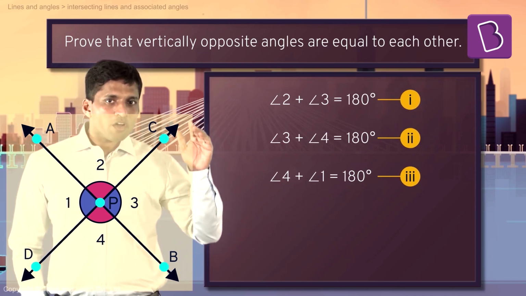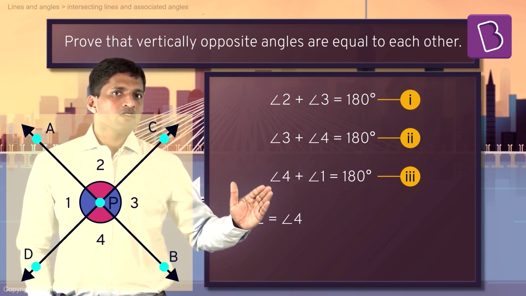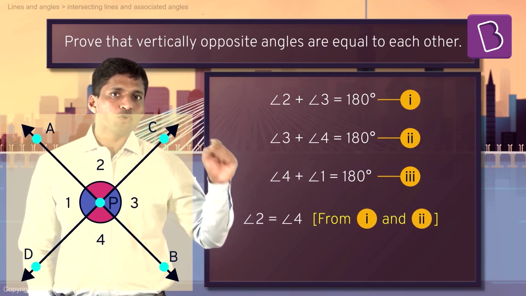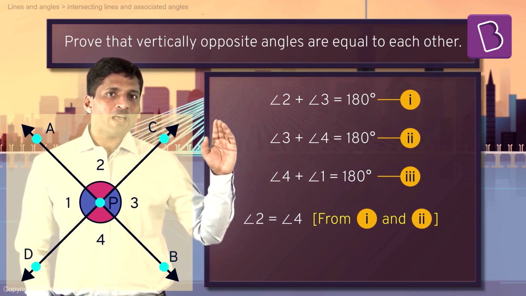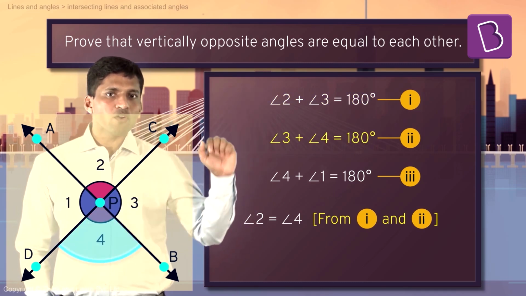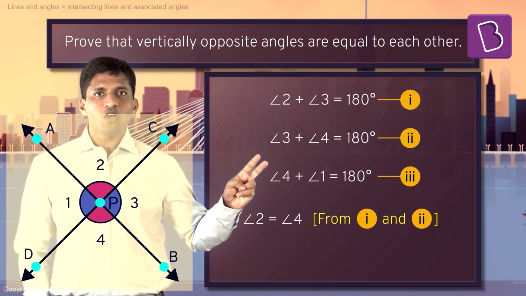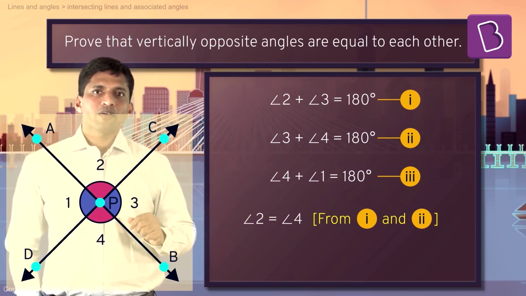Now angle 2 equal to angle 4, that is from statements 1 and 2. Statement 1 is angle 2 plus angle 3 equal to 180, and statement 2 is angle 3 plus angle 4 equal to 180. If you compare the two, you will get angle 2 equal to angle 4.